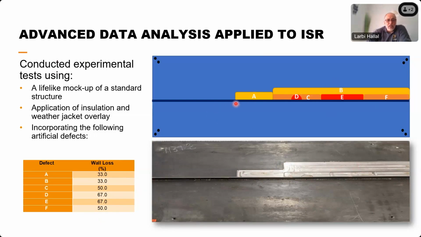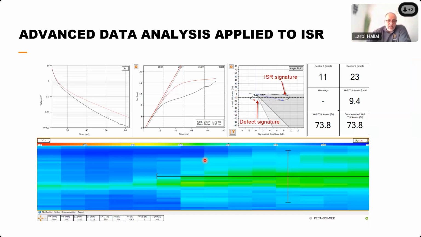We have installed some insulation on top of that plate, on top of the support ring, and finally we get this C-scan at the end. If we look at the A-scan, where the cursor is, we can consider a wall loss.